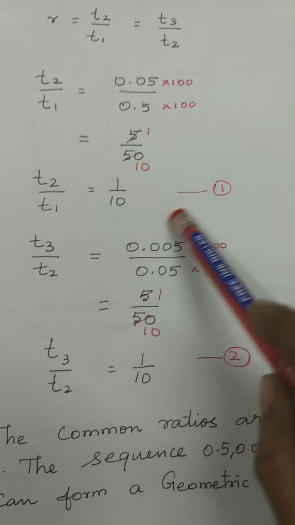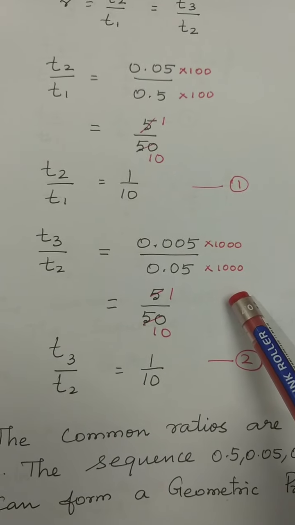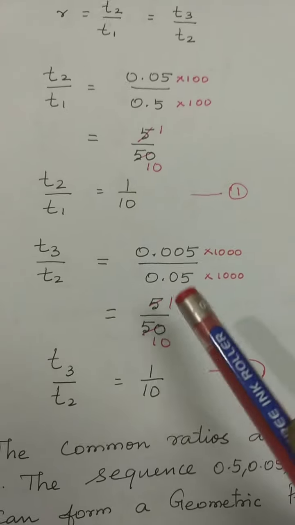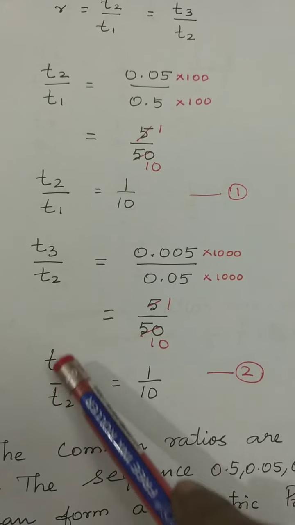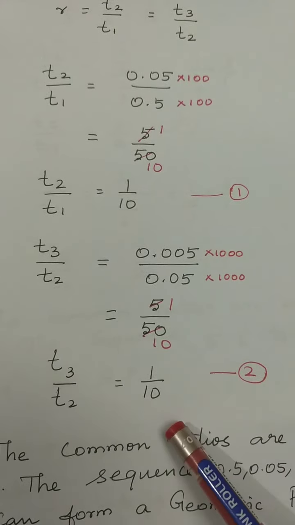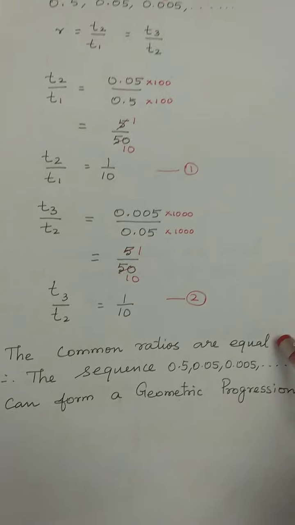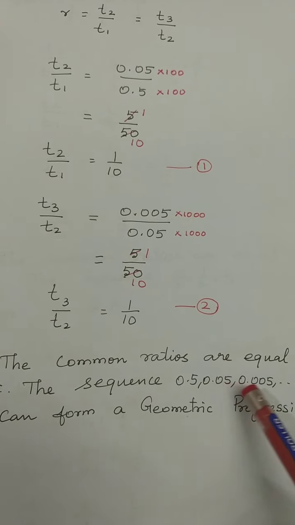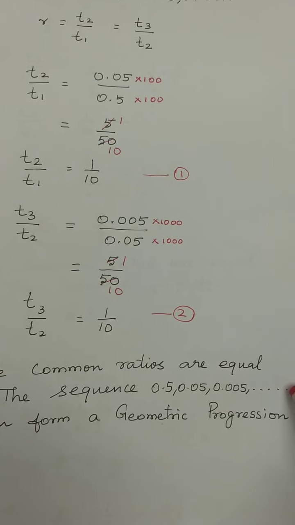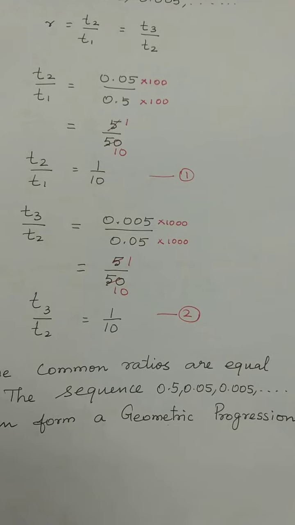Here to make this a whole number, you have to multiply by 1000. So you are multiplying the denominator also by 1000. So it will come as 5 by 50. So T3 by T2 also 1 by 10. So the common ratios are equal. The sequence 0.5, 0.05, 0.005, and so on can form a geometric progression.